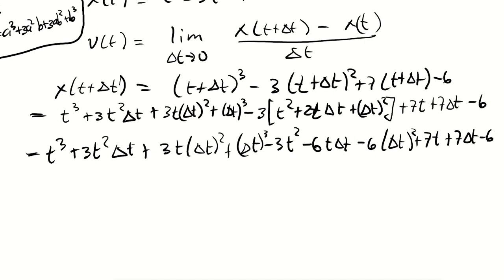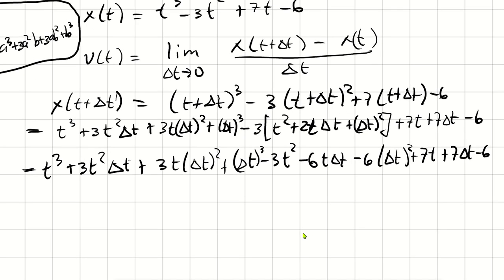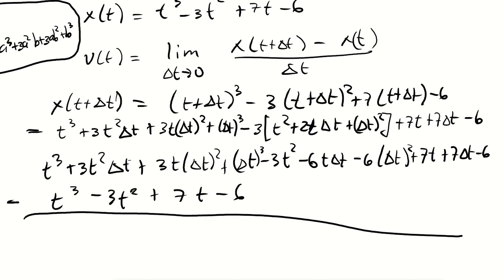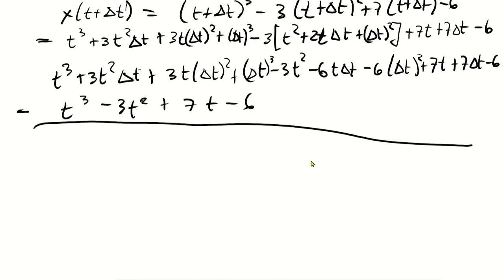So what is x of t? It's t cubed. So we just subtract t cubed minus 3t squared plus 7t minus 6. So what will be the difference? t cubed here will cancel out.